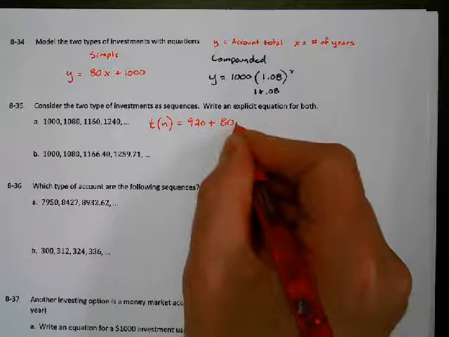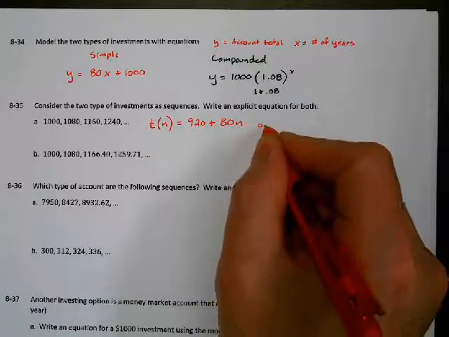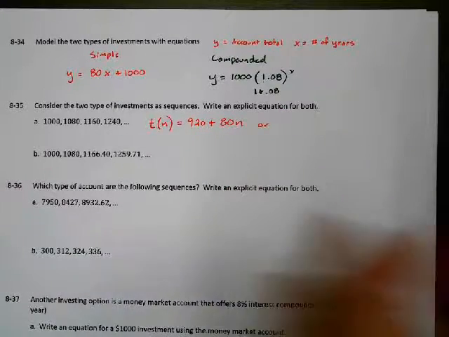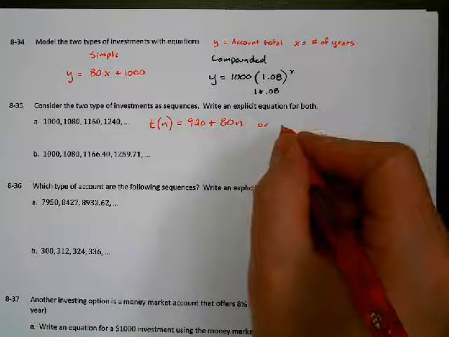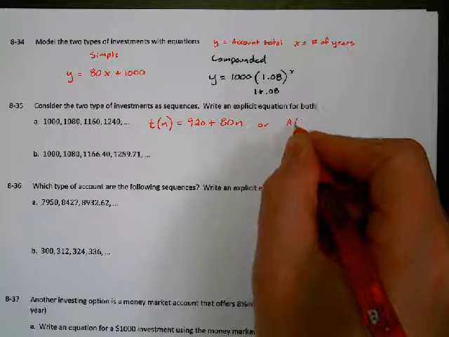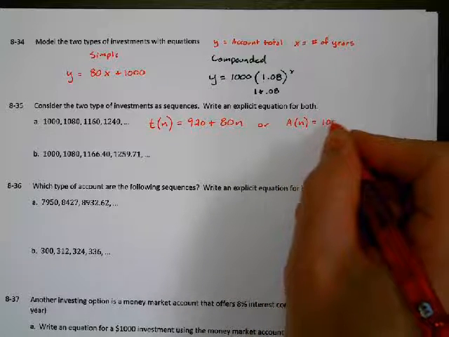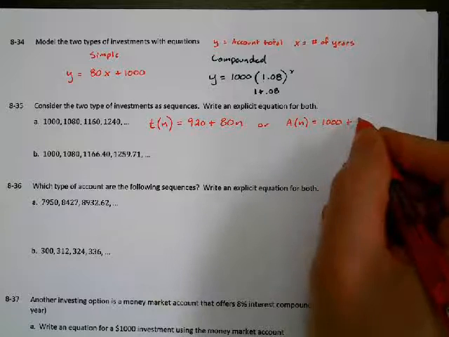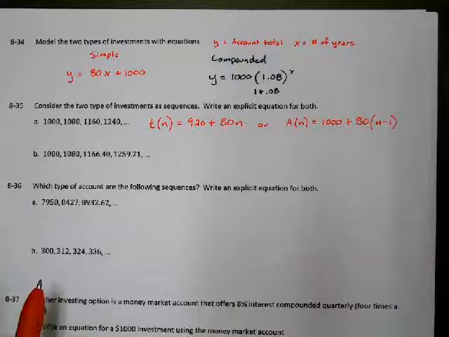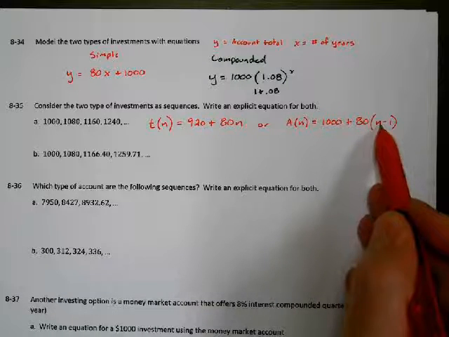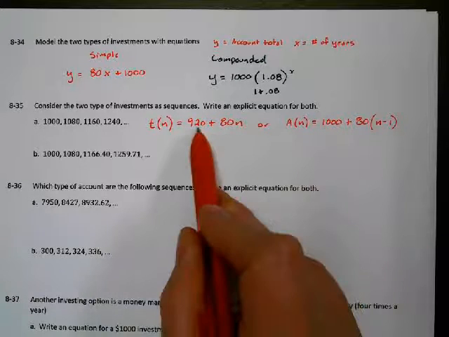And we've seen on our homework problems that there's other ways to write this as well. We could do A of n is equal to the initial value of 1,000 plus 80 times n minus 1. So this just says one less time for n, and this uses the 0th term, and this uses our A1, our first term here.